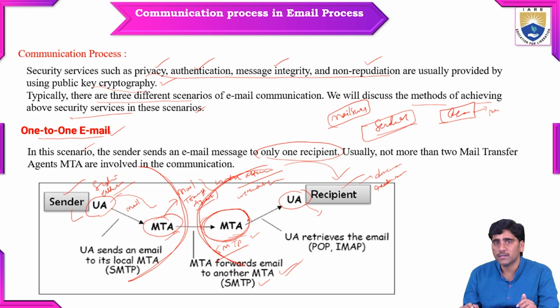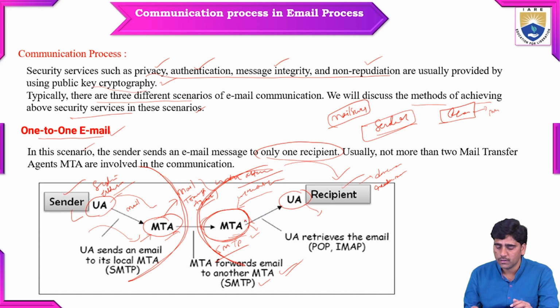The sender and recipient cannot contact directly, because in between them are mail transfer agents, which forward or receive the mail from authenticated users. So the sender sends mail to the sender MTA, and this sender MTA sends mail to the recipient MTA.